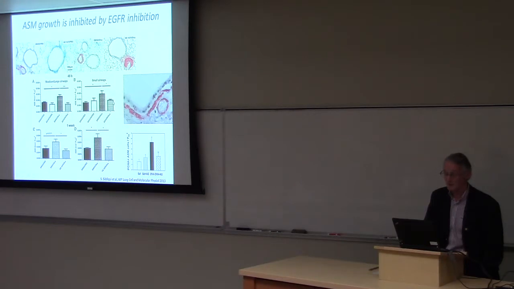And when we looked a week later, the muscle in the small airways had increased a little bit more. The muscle in the large airways was pretty much unchanged, although the only significant difference there was between the allergen challenge group and the animals that were treated with the AG1478.